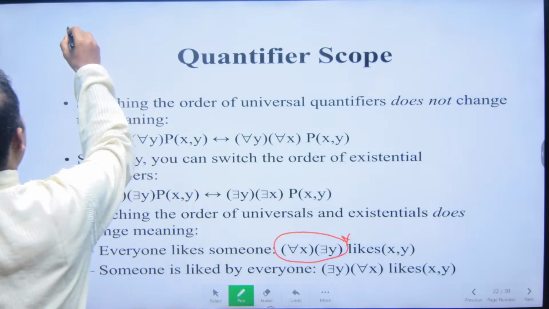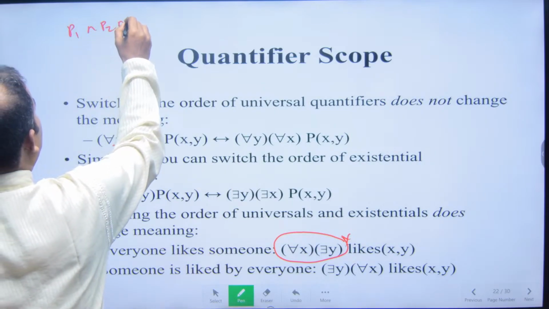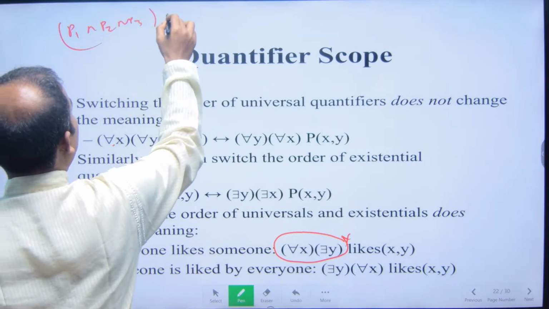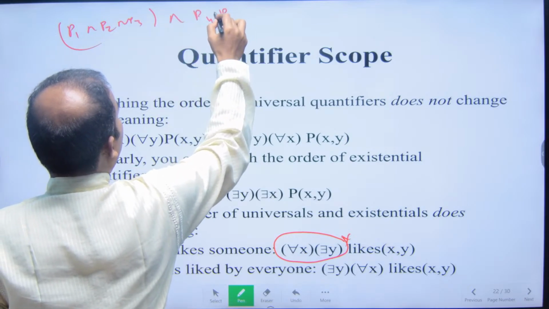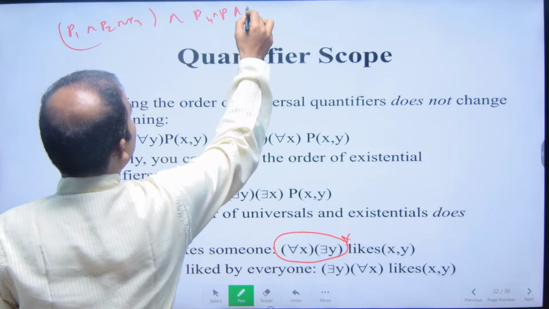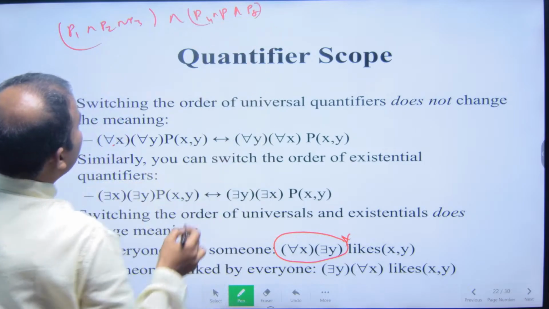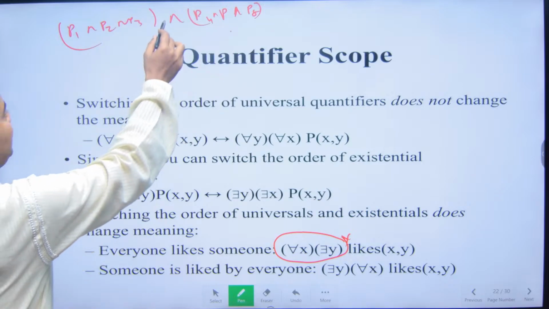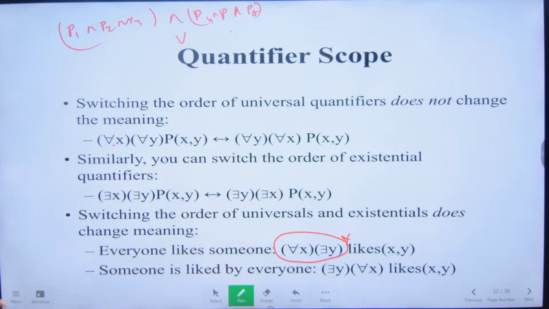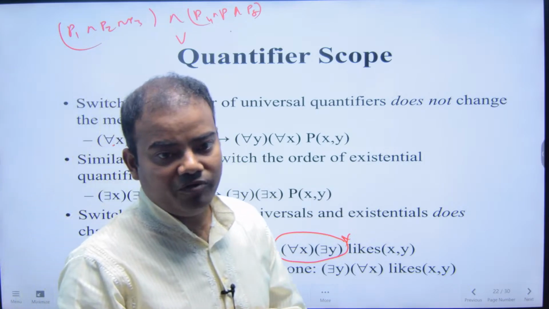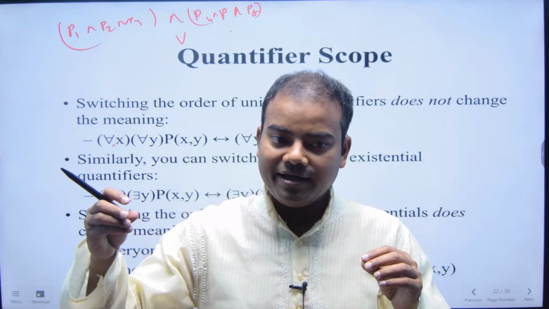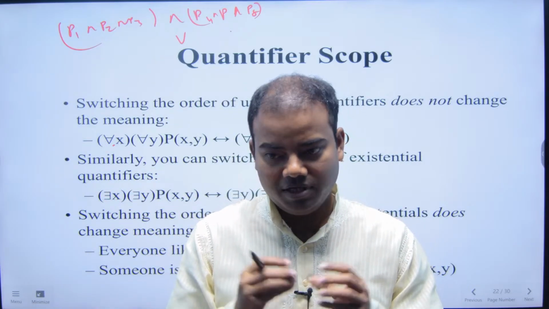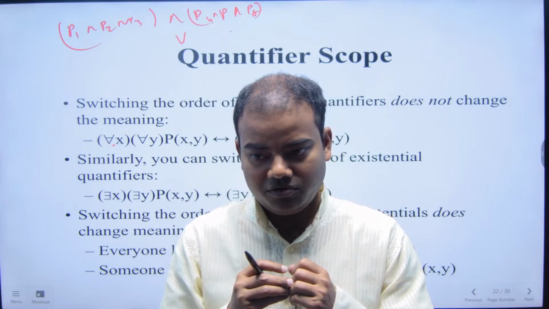Because if I write P1 and P2 and P3, similarly with and P4 and P5, we can write this side also and this side also. But if we keep or here, then it cannot be appropriate. Okay, because with and or, the distributive law will be applicable, and with and, associative laws. Is it clear? Any doubt?